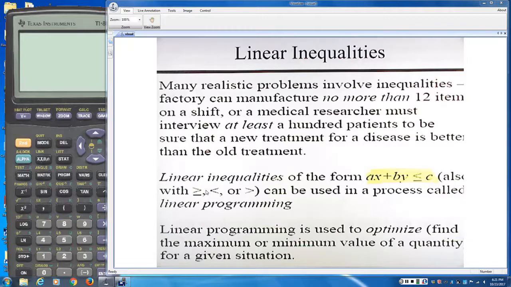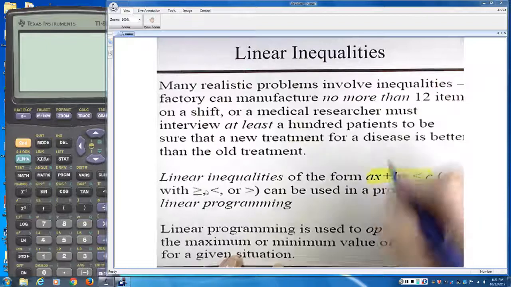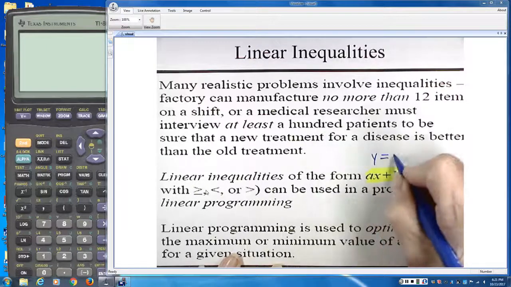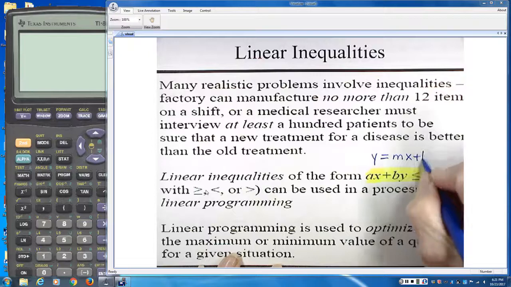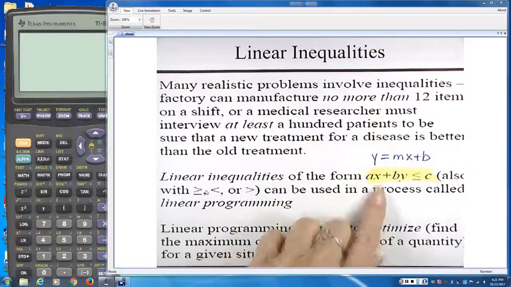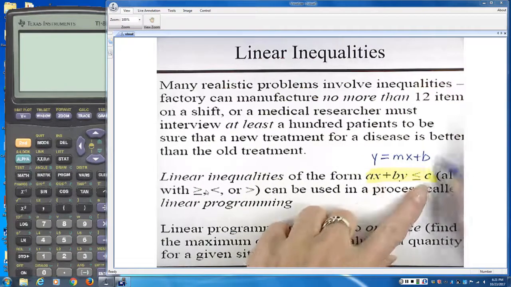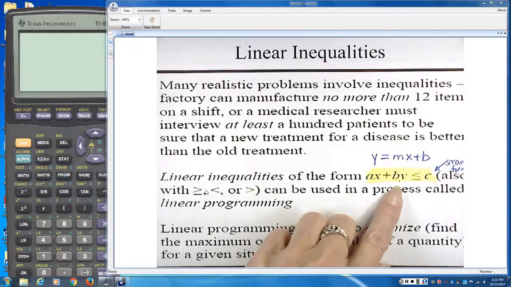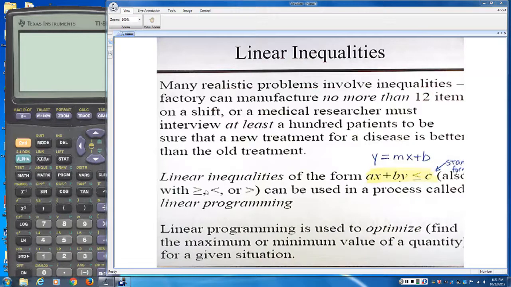Now the difference between this particular form of an equation and this equation is this is your slope-intercept form, and this is called the standard form. If you've got the standard form, you can always convert it to the slope-intercept form.